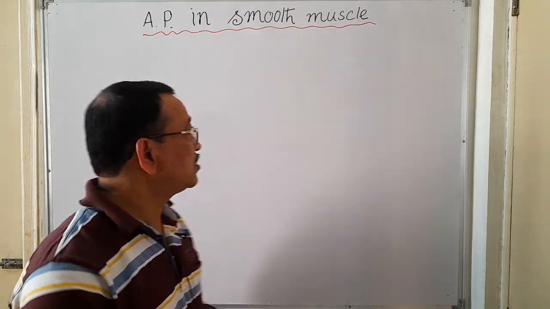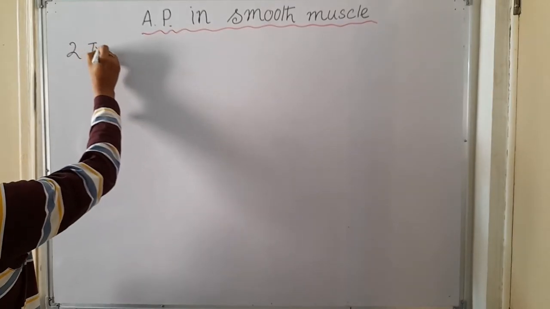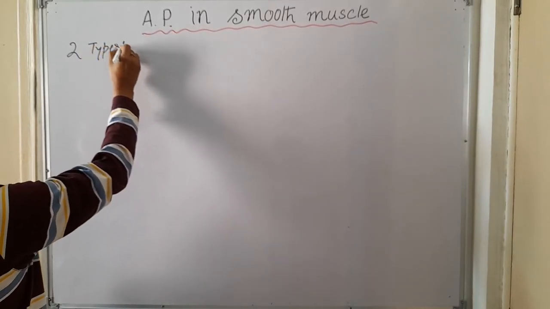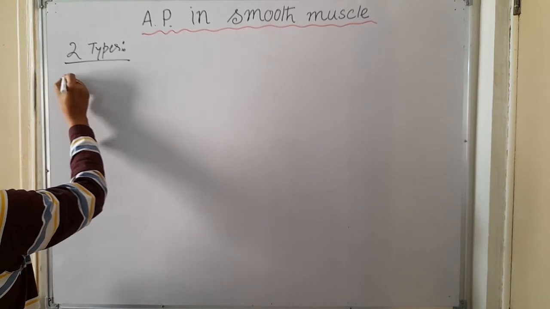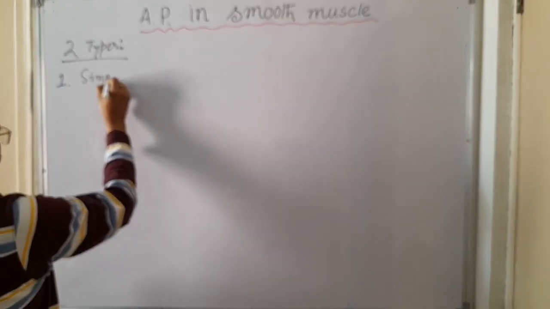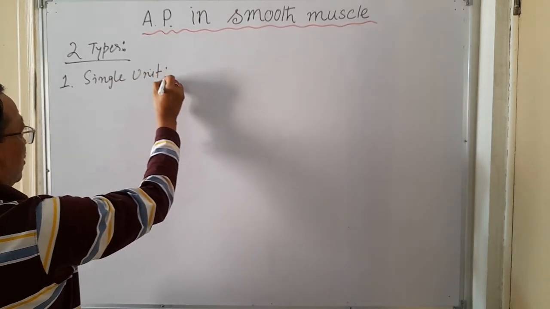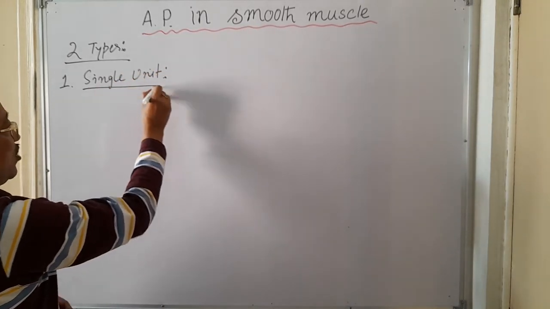What are those types? First one is the single unit smooth muscle. So what is this single unit smooth muscle?